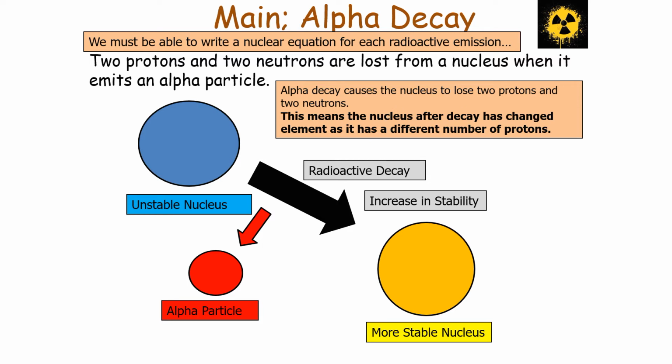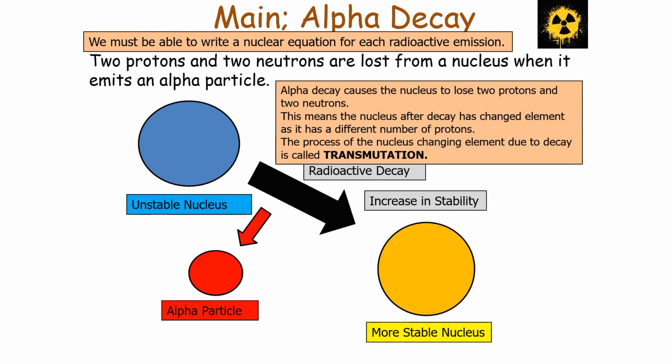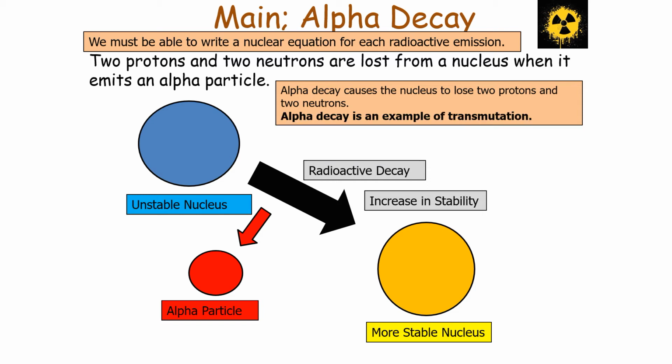So this means that the nucleus after the decay has changed its element because it has a different number of protons. The process of a nucleus changing element due to a decay is called transmutation. So because alpha decay causes the nucleus to lose 2 protons and 2 neutrons, it is an example of transmutation.